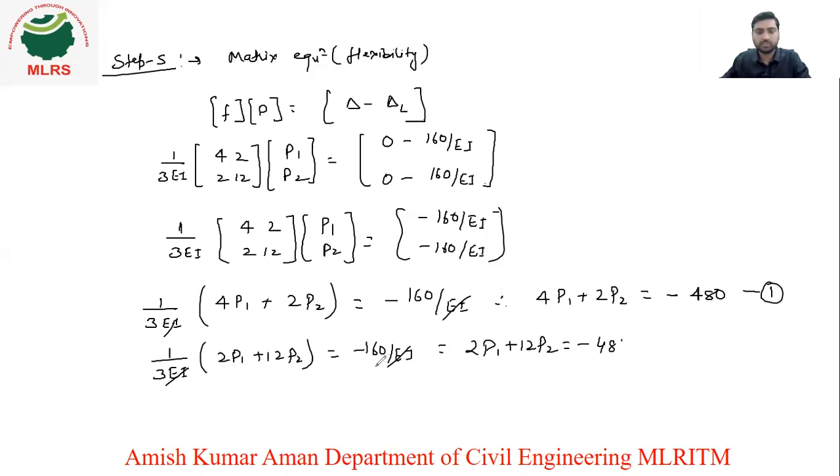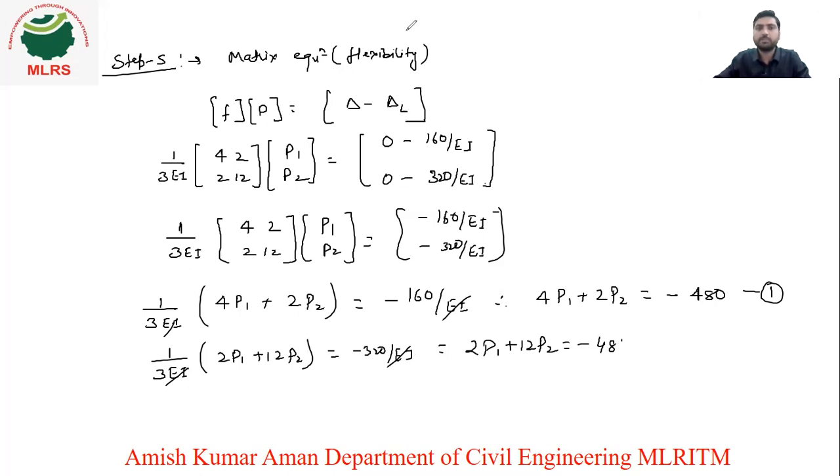Sorry, this is 320, no? Sorry, delta 2L value is 320. I was considering it as 160 only. It's 320. You can see the previous steps. It is minus 320 upon EI, right?